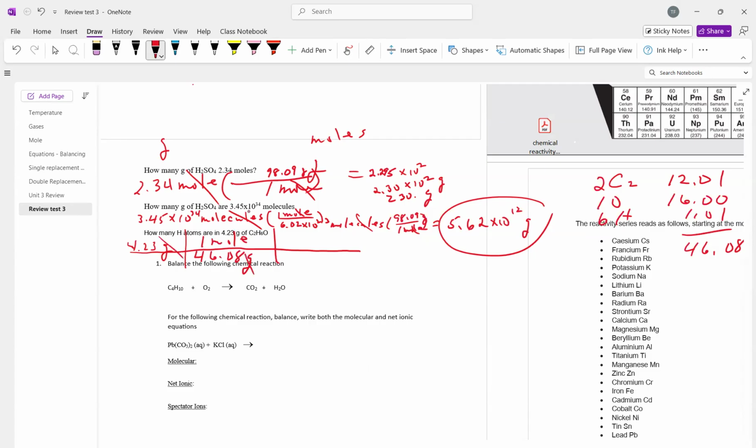Okay, that gives us moles. Now we're going to go to the number of molecules of ethanol. So we need a 6.02 times 10 to the 23rd molecules per mole.